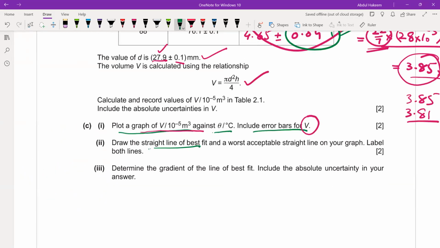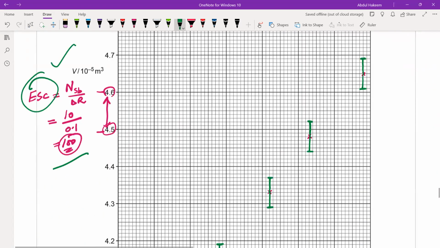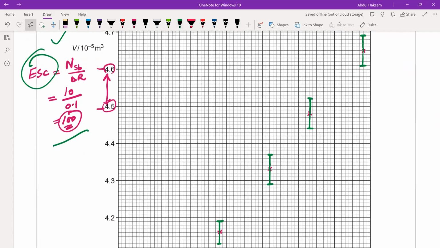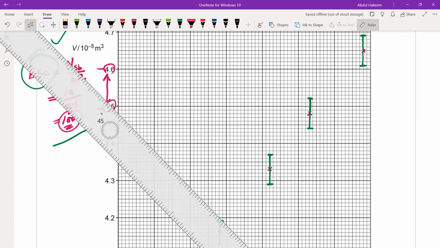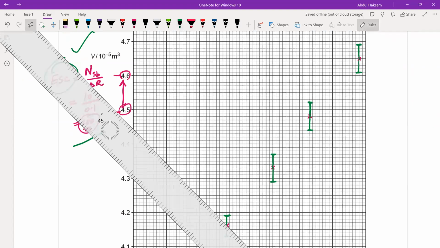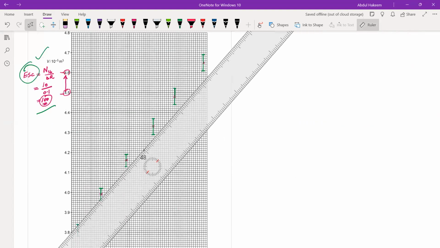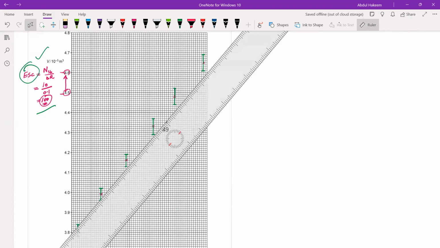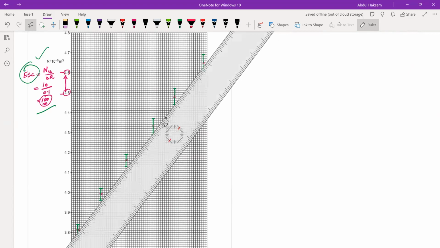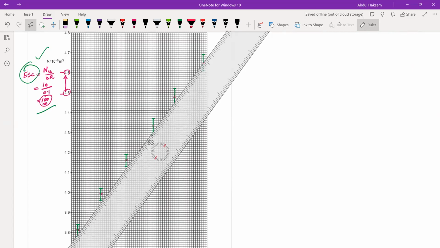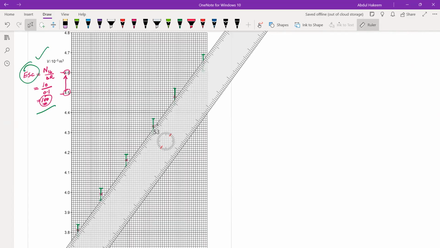straight line of best fit and the worst acceptable line, which means we have to draw the 2 lines. It's easy to draw the best fit line. So we draw the best fit line first by using the scale. It is similar to your paper 3 practical best fit line.